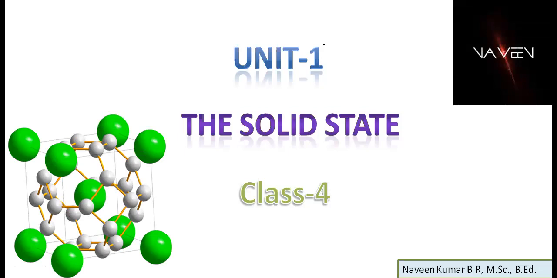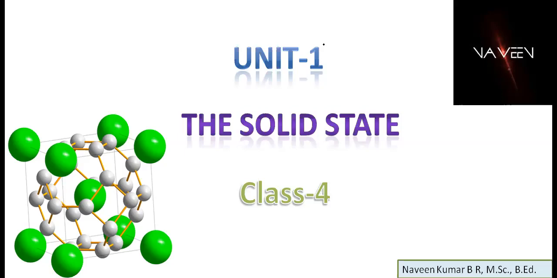Now, we'll continue with understanding the structure with respect to solid state, that is, with close packed structures: how the particles are arranged in the solid physical state. We'll discuss close packed structures in three different ways: one-dimensional arrangement, two-dimensional arrangement, and three-dimensional arrangement.